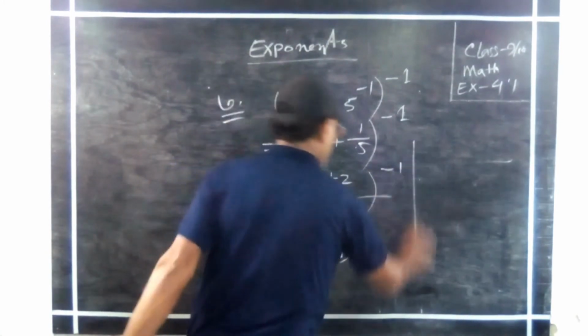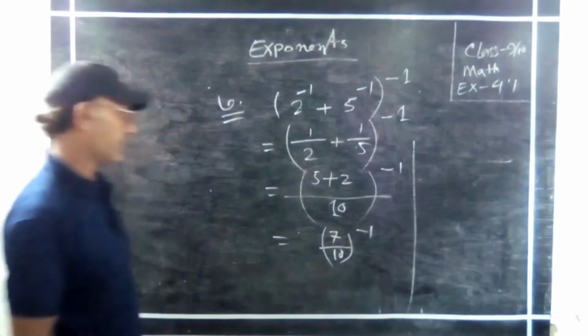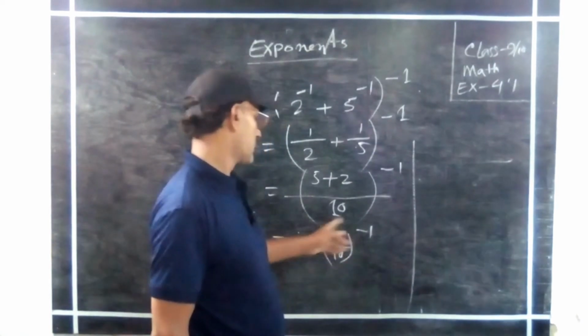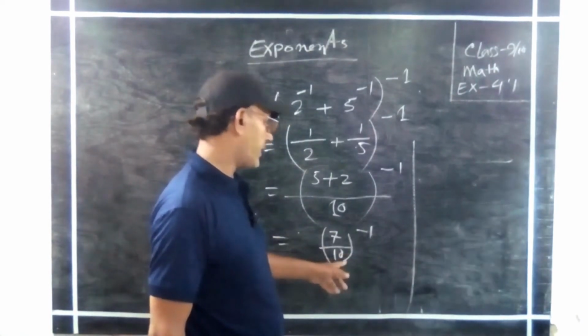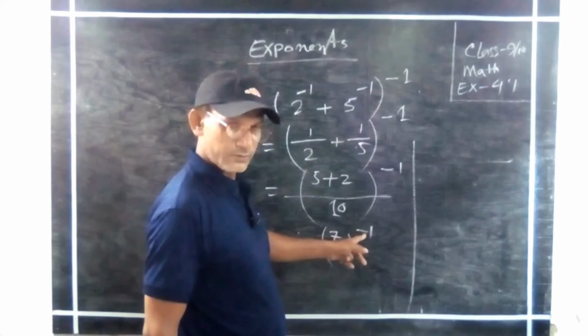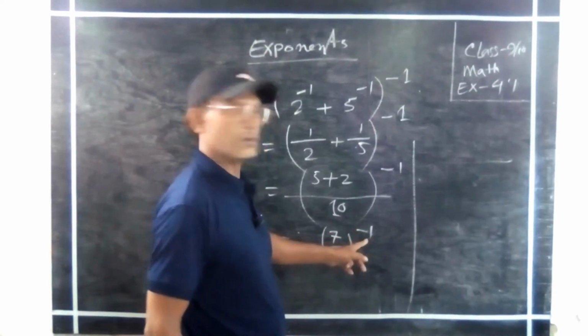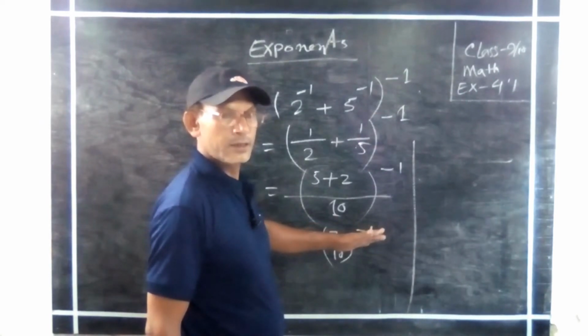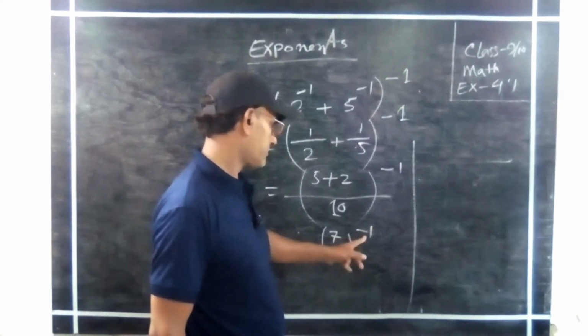Then we can write here the right side: something to the power minus 1, we can write 1 divided by something power, that number.